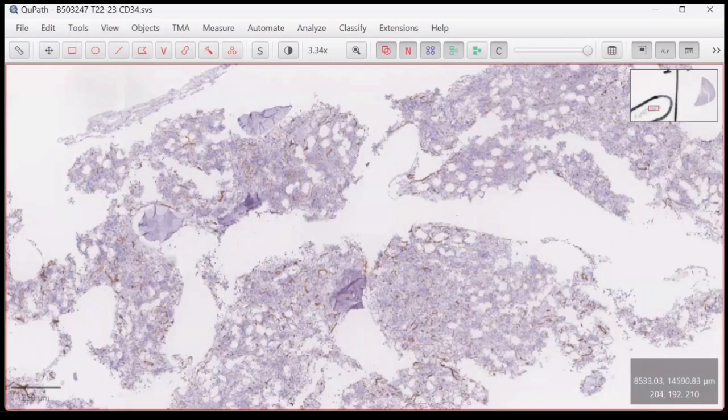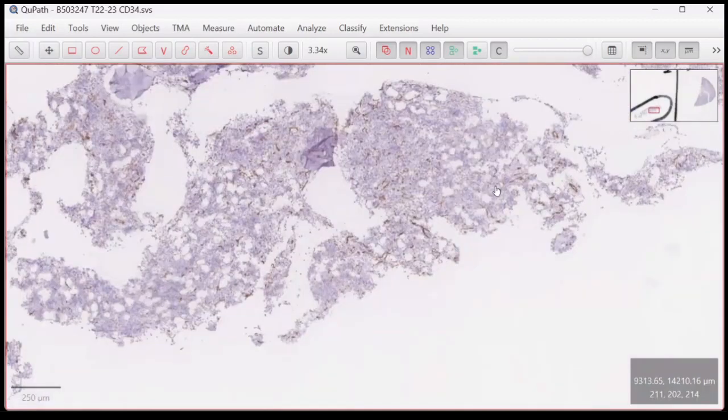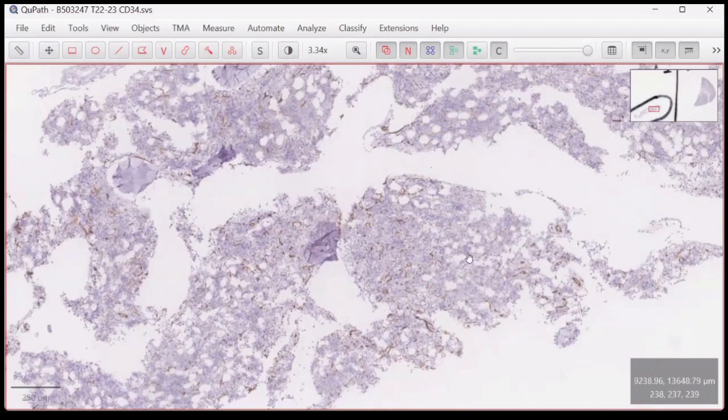The pattern would be PAX5 equal to CD79a equal to CD10, then CD10 more than TDT, TDT more than CD20, CD20 more than CD34. Follow that pattern. Looking at this one, its features are likely hematogones.